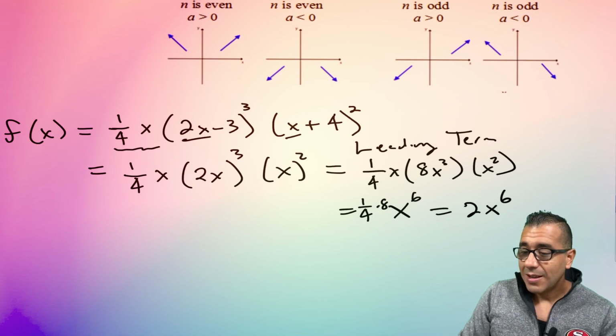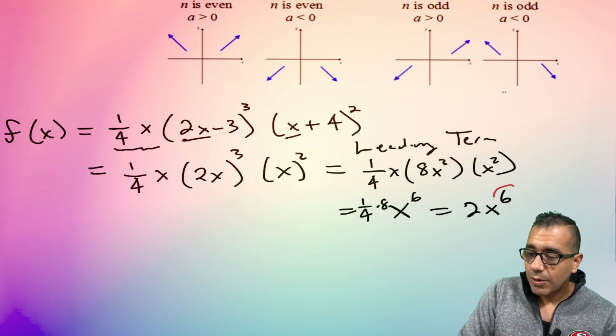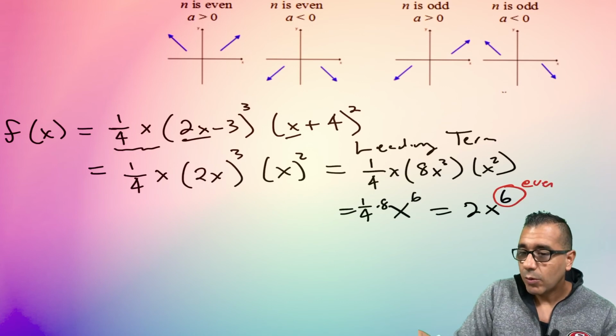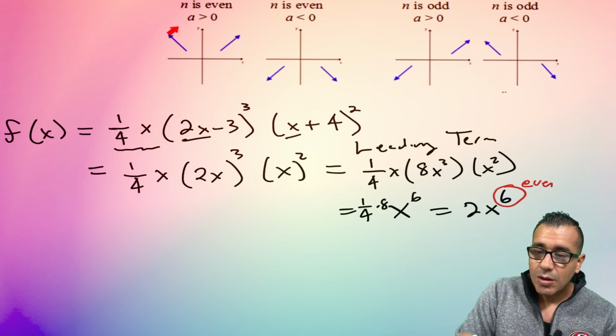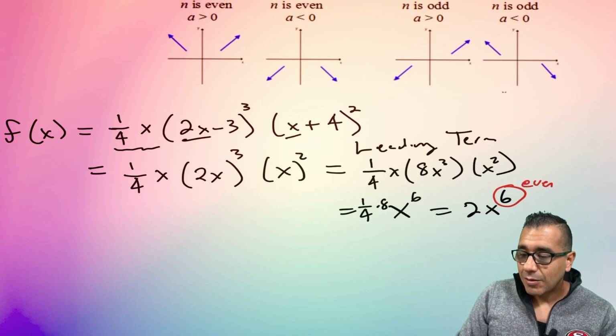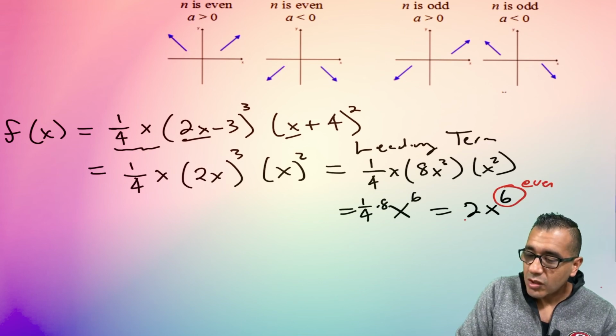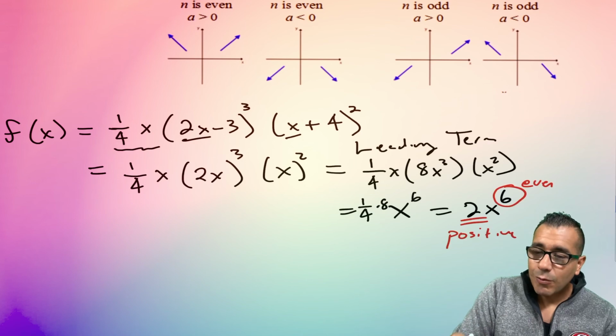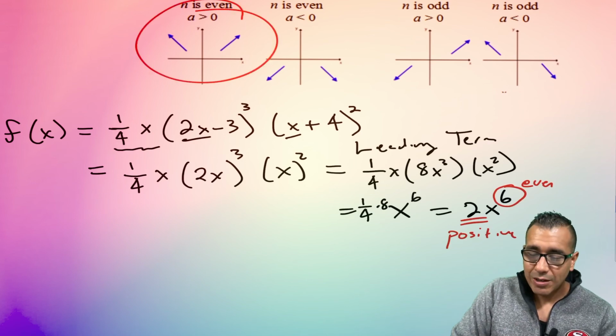Alrighty, so let's see, what are we interested in? Well, number 1, our exponent. It's even. So right away, we're ignoring these 2 possibilities, right? So are both sides increasing or are they decreasing? Well, notice our leading coefficient here is positive, right? It's bigger than 0. And because it's positive, we know we have this situation here.